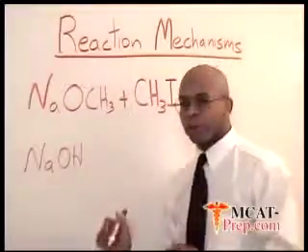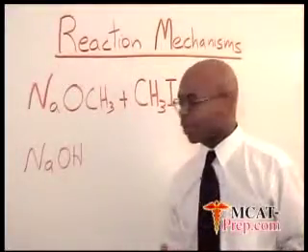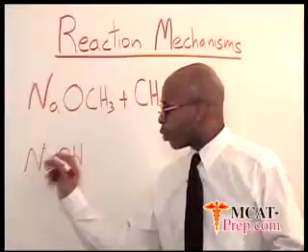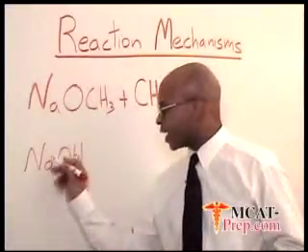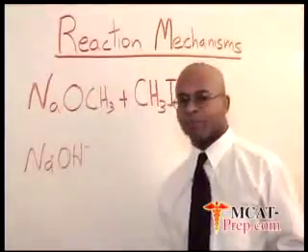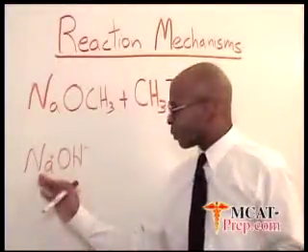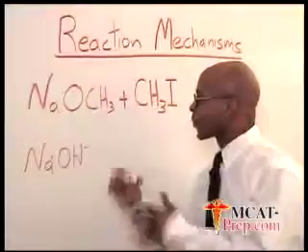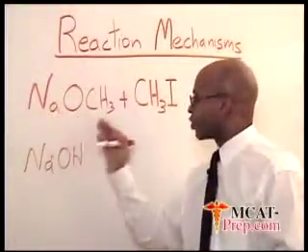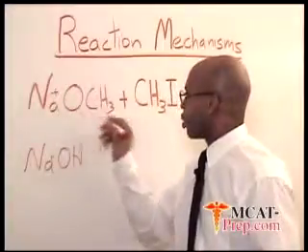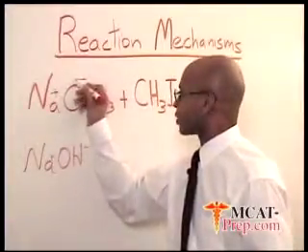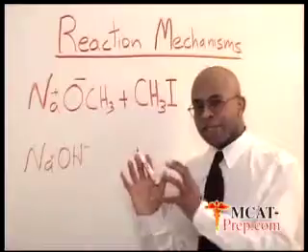So, if this is in solution, the first thing that you would consider is what would happen with NaOH in solution. Well, we would get Na plus OH minus. It would dissolve in solution and produce Na plus and OH minus. Similarly, if you have sodium methoxide in solution, we would get Na plus and OCH3 minus. So that's how we start.